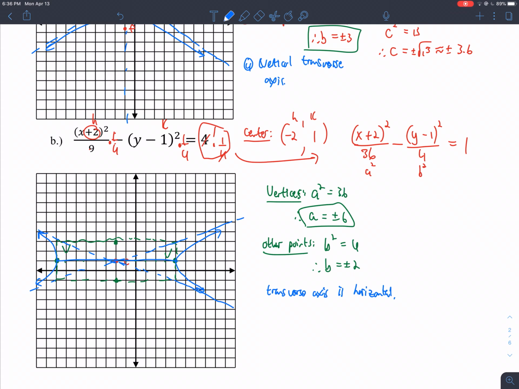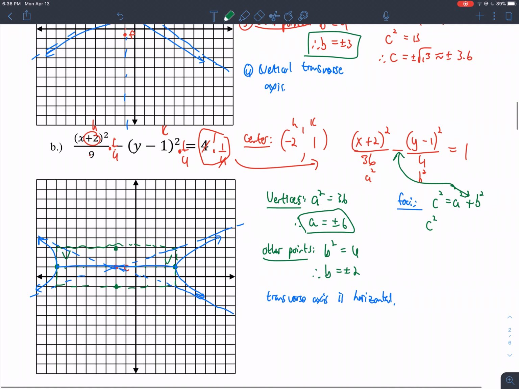And then the last one would be to find the foci. I have everything on here except the foci, which actually are the things that create the conic section. So we draw them last, but they're most fundamental to the conic section. So the foci, again, are c squared equals a squared plus b squared. Remember, the sign is opposite of the formula sign. And then you just plug in. So a squared is 36, b squared is 4, and so c squared is 40.